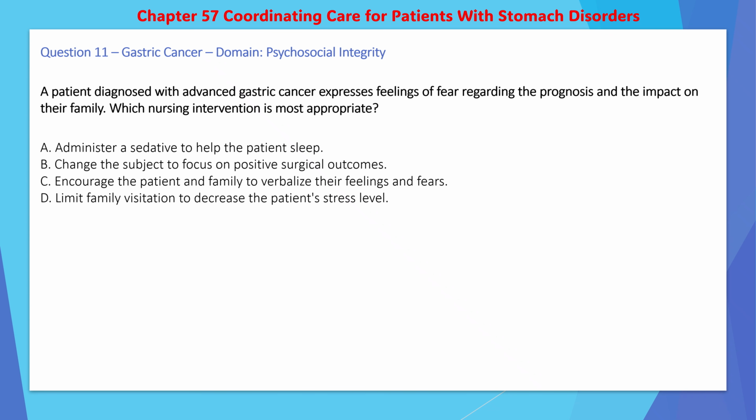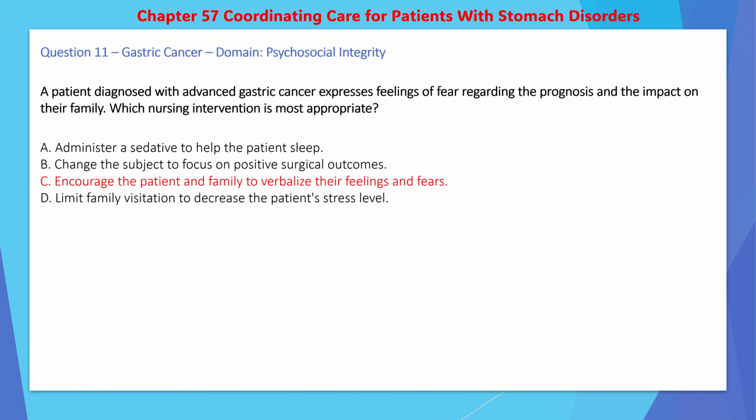Administer a sedative to help the patient sleep, change the subject to focus on positive surgical outcomes, encourage the patient and family to verbalize their feelings and fears, or limit family visitation to decrease the patient's stress level.